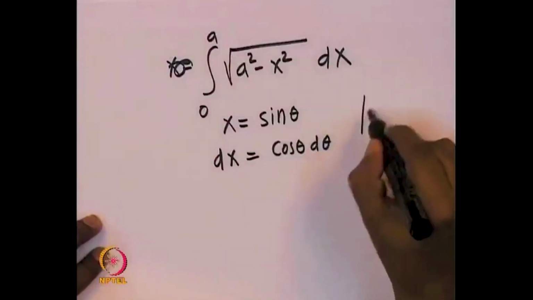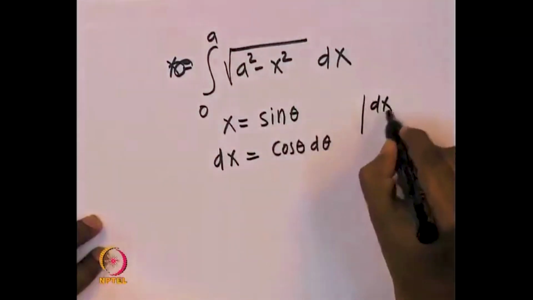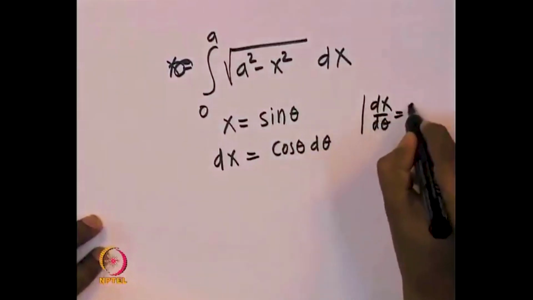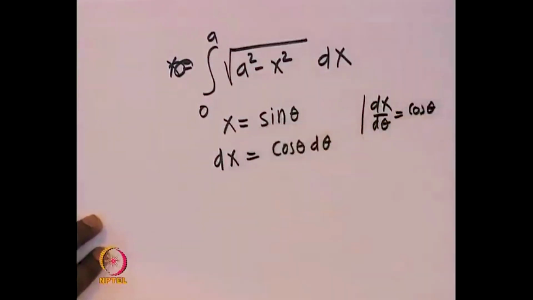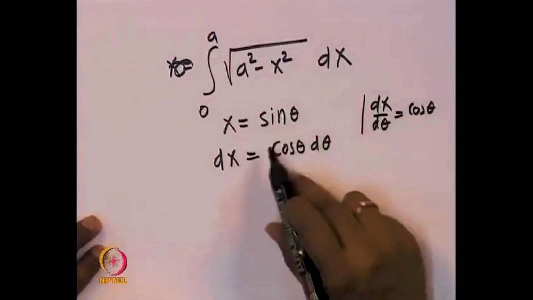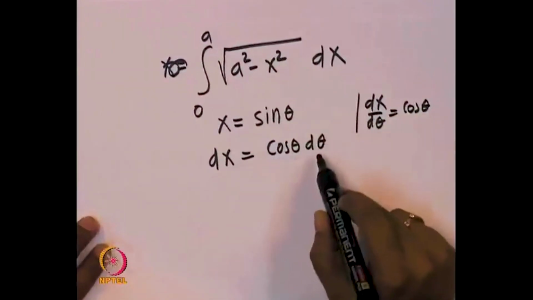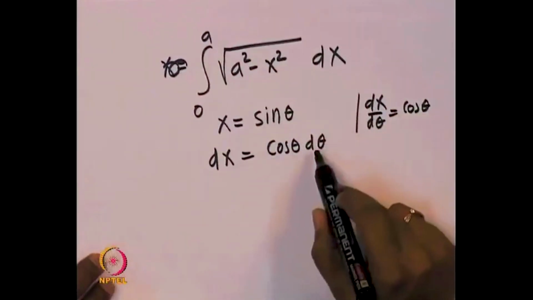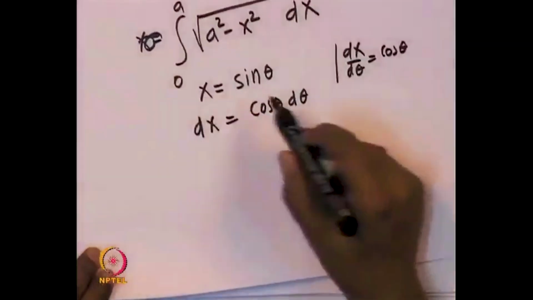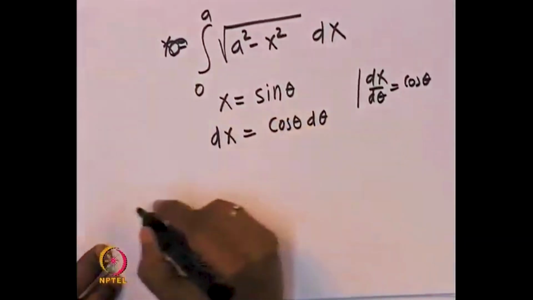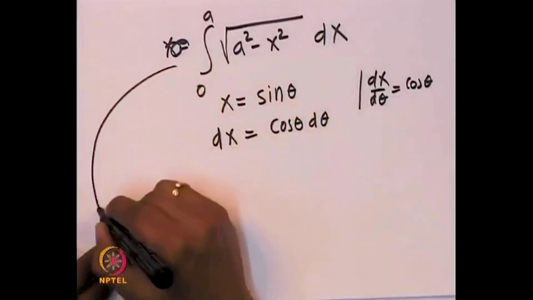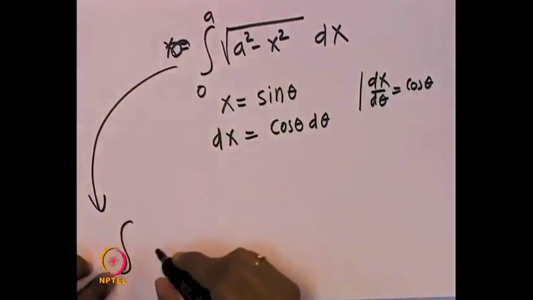It is clear that if x is equal to sin theta, dx by d theta has to be cos theta, since the derivative of sin theta is cos theta. So, that means dx is equal to cos theta d theta. Now, we can rewrite this integral.